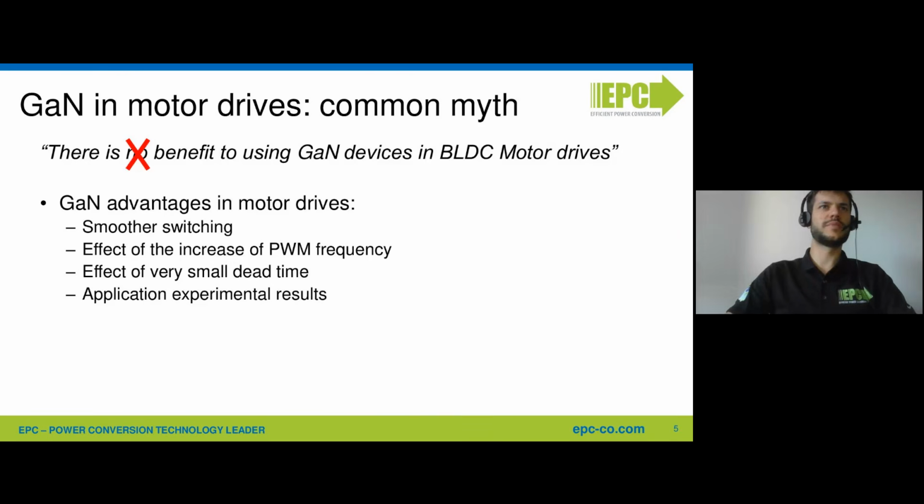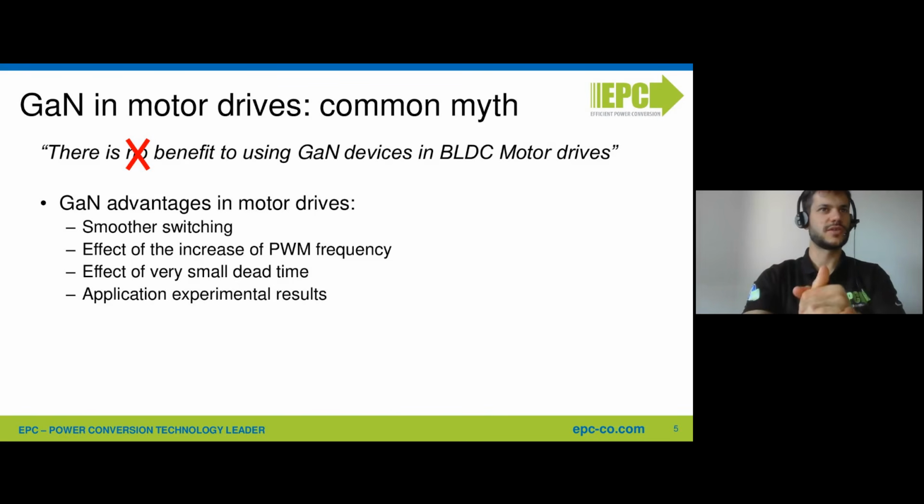So let's go a little deeper into what the advantages of GaN are in brushless DC motor applications, because it's a common myth that there is no benefit in using GaN, since motor drives need to be driven with low switching frequency and with low transitions because of EMI issues.